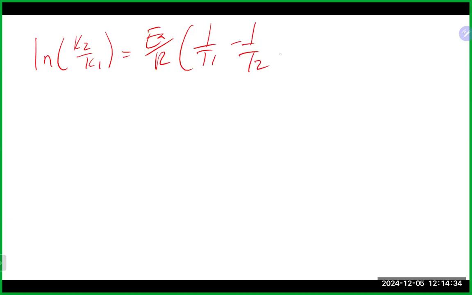You could use the natural log of K2 over K1 is equal to Ea over R, times 1 over our first temperature minus 1 over our second temperature. Remember that these need to be in Kelvin, obviously. And there are a few different versions of this equation, including a different one, I think, in the lab manual. Sometimes they distribute the negative out and combine some things in the parentheses. But this is the one we went with.